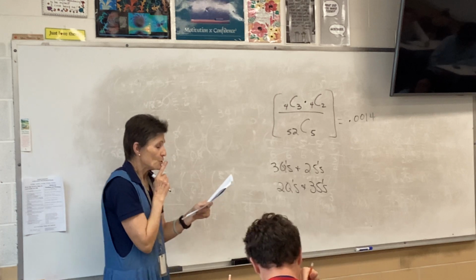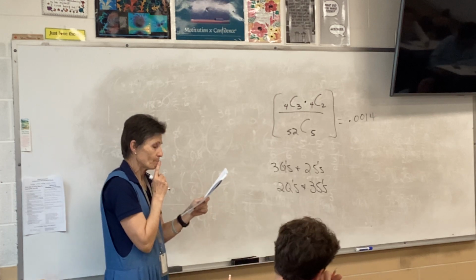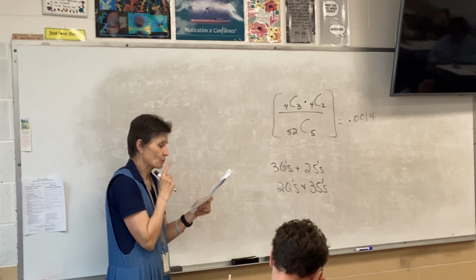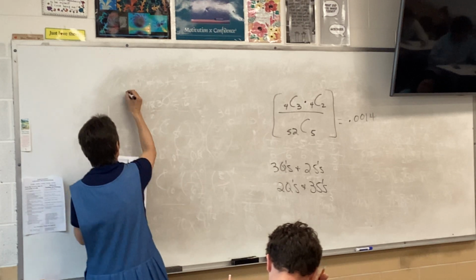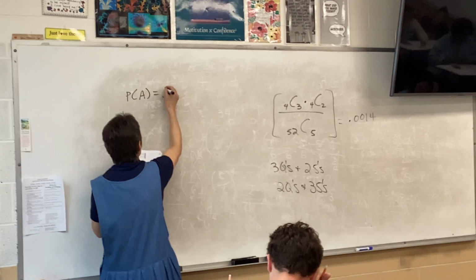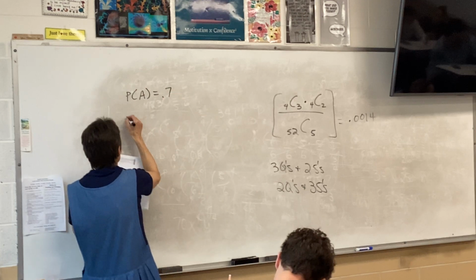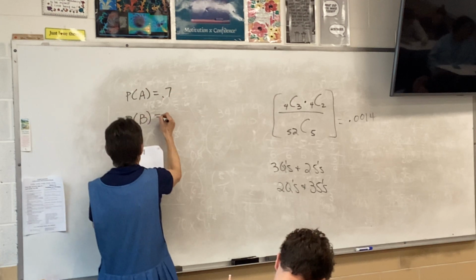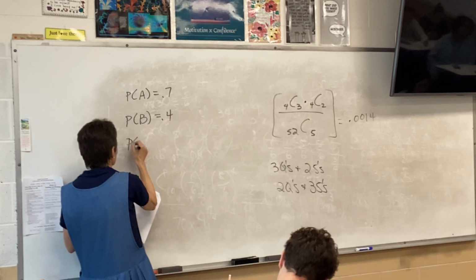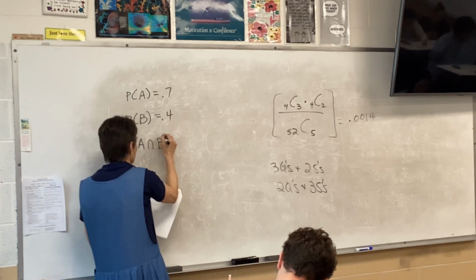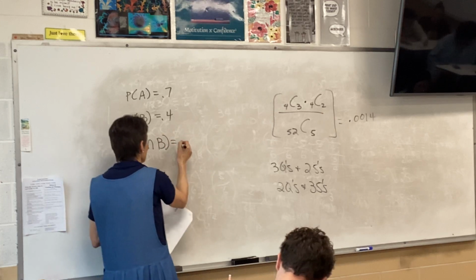Number 10. Using Venn diagrams. Okay, let's do some directions. A, B are events in the sample space. The probability of A is 0.7. The probability of B is 0.4. And the probability of A and B is 0.2.